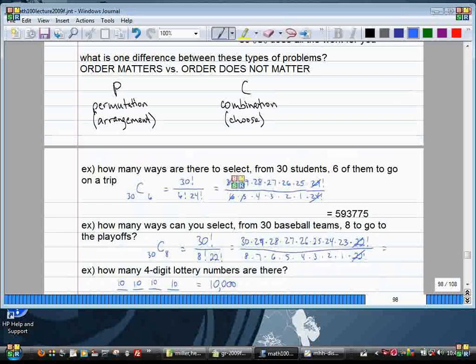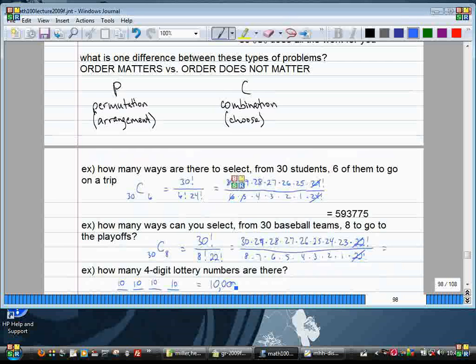Now, if someone said how many 4-digit numbers are there, then we don't consider a 0 in the first spot to be a 4-digit number. But the lottery is just a lottery. So I'll just say that I will be flexible in grading if you were to interpret it that way. I'd probably accept that, because that's a pretty clever thing to say. And in some cases it's right, so I'd probably just let it go.